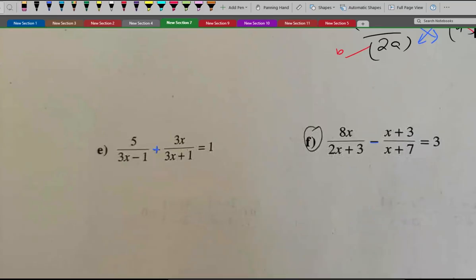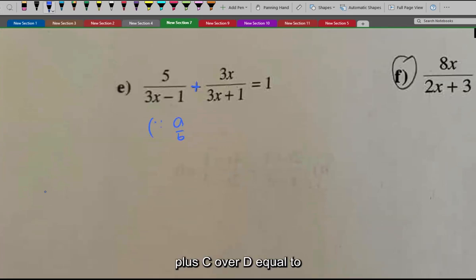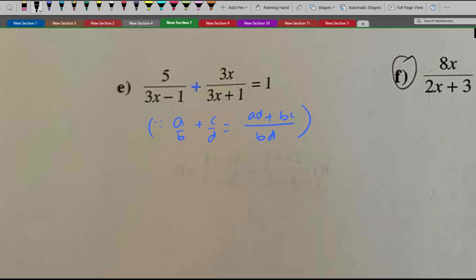So the process is gonna be A over B plus C over D equal to AD plus BC over BD. And we do like LCD, 3x minus 1 and 3x plus 1.